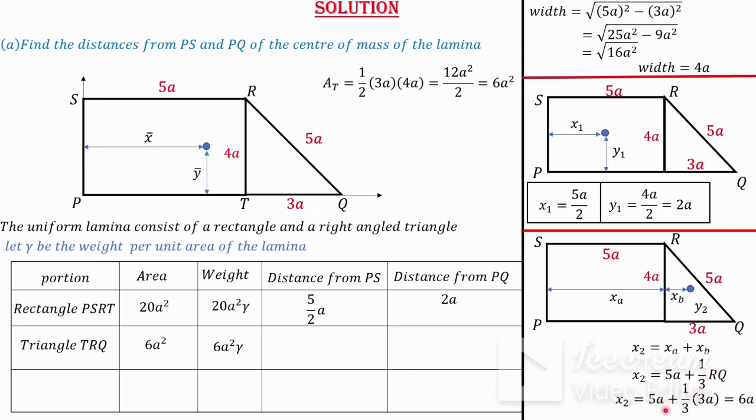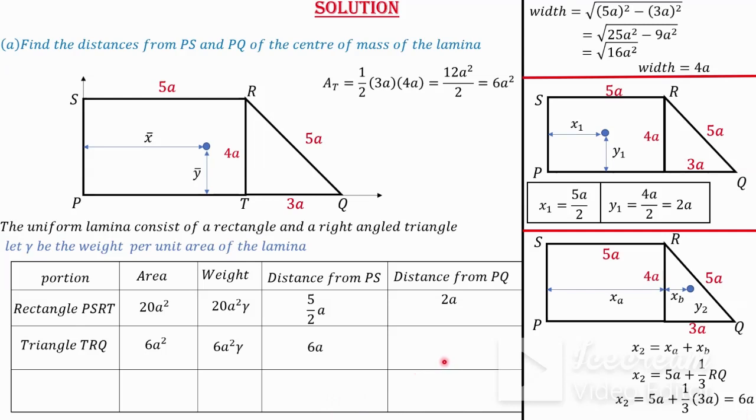Replacing the value of RQ, we are going to get x2 equal to 5a, which is the length of the rectangle, plus 1/3 of RQ, which is 3a. So we get x2, the distance from PS of the triangle TRQ, to be 6a, from which you can therefore fill in our given table.